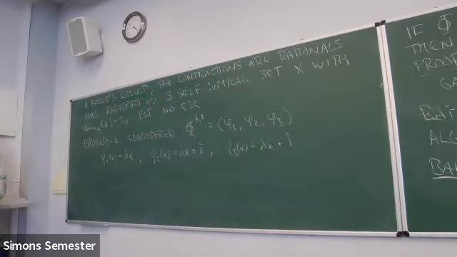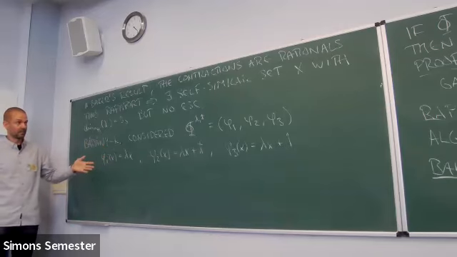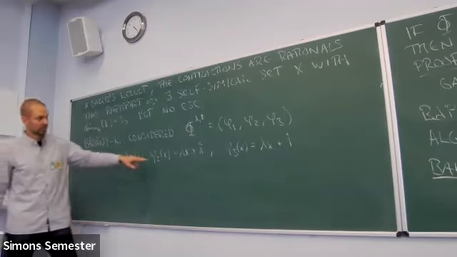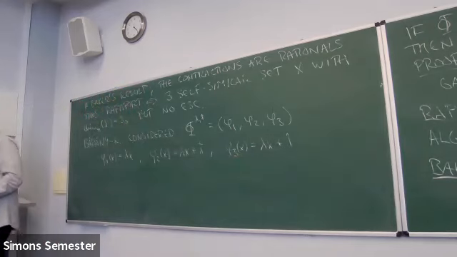So this looks like a specific type of homogeneous self-similar set constructed by using three maps. Homogeneous means that the contraction ratio is the same for all. But in fact, it can be shown that by an affine change of coordinates, any homogeneous self-similar set can be put in this form.